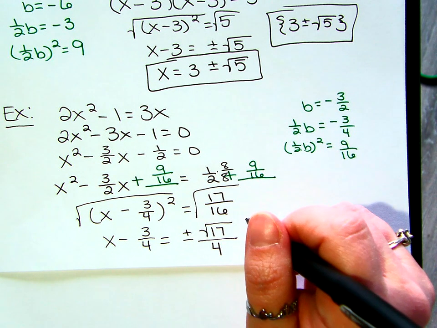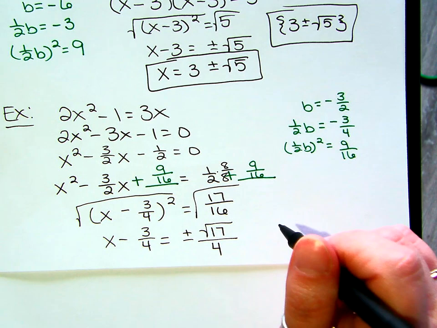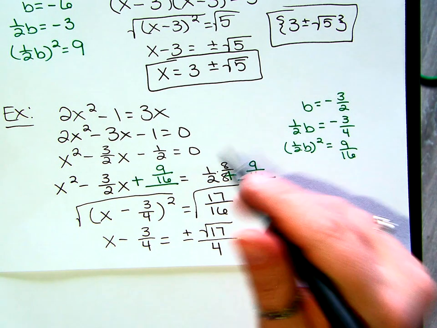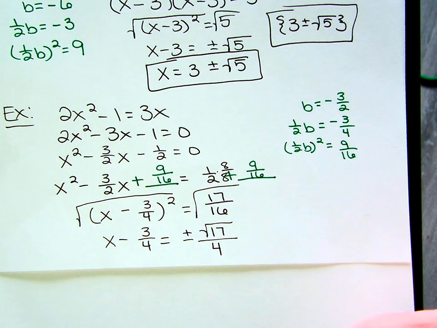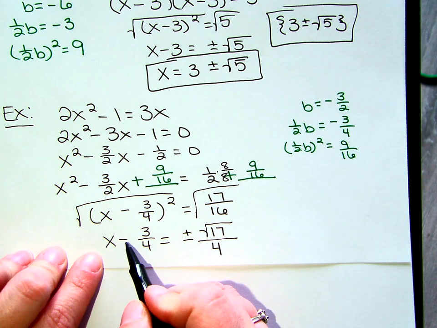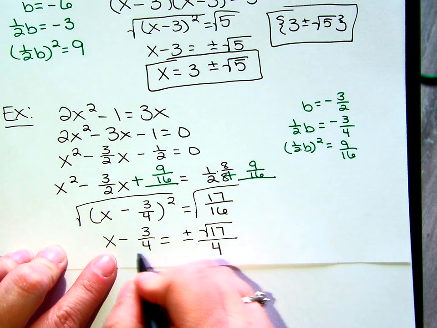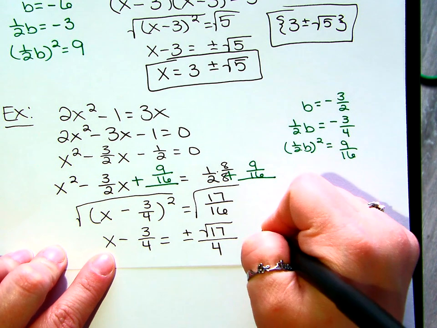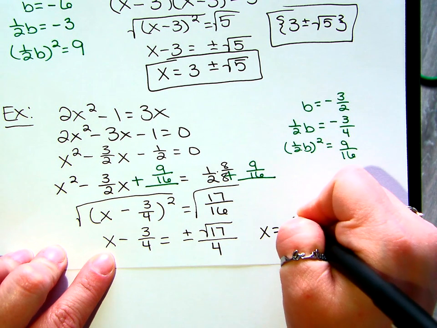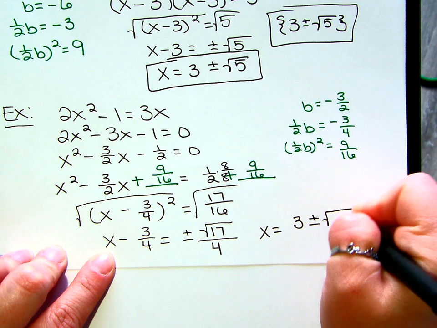So I would have had to do that. But in this case, it rationalized out. It was fine. So I'm going to add that 3 fourths over, and since they have the same denominator, I'm going to combine that into one fraction, to where I have 3 plus or minus the square root of 17 all over 4.